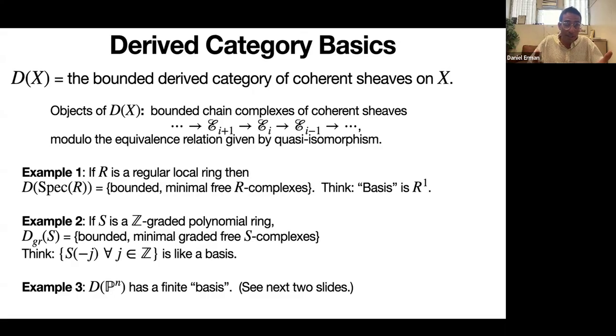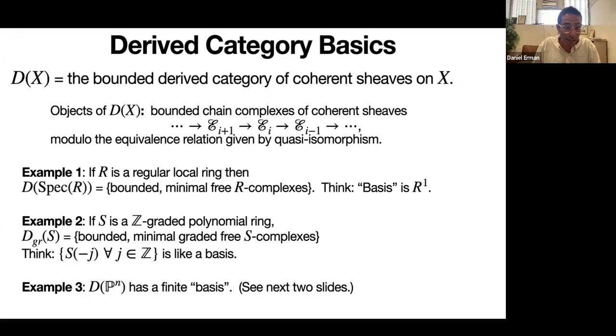In particular, every free complex is built out of R to the 1, and minimal free complexes have unique Betti numbers. So you can think that R to the 1 is like a basis for this category. Every object in this derived category is built in a somewhat unique way from copies of R and maps between them.